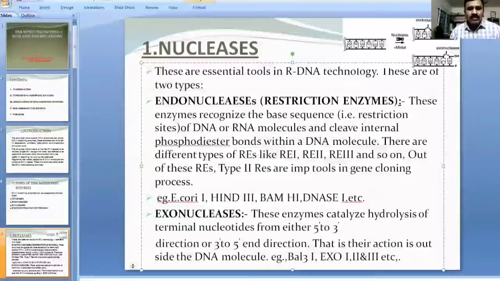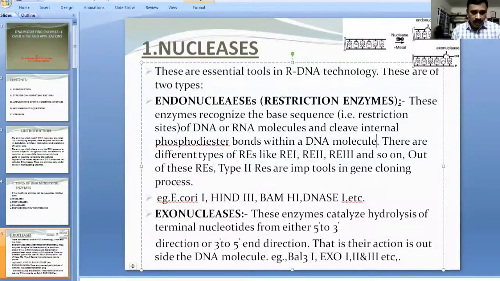There are different types of endonucleases available, like type 1, type 2, type 3, and so on. Out of these types, type 2 restriction enzymes are very important tools in the gene cloning process or rDNA technology.